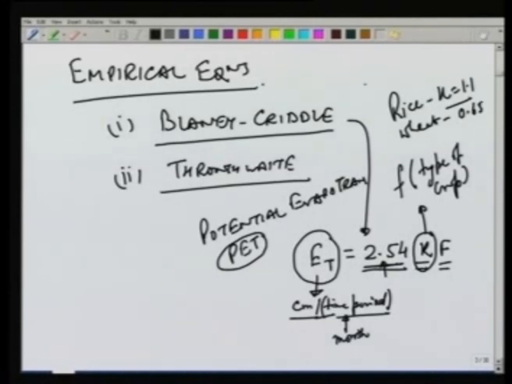For natural vegetation, it varies over a wide range, 0.8 to 1.3, depending on the density of the vegetation. So, this factor K can be obtained from the type of crop grown in that area or the vegetation which is growing in that area.